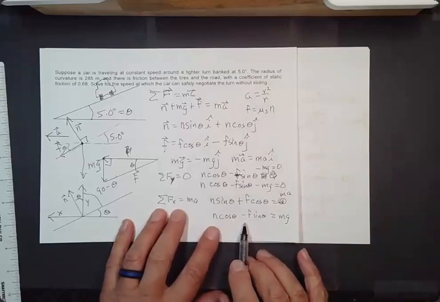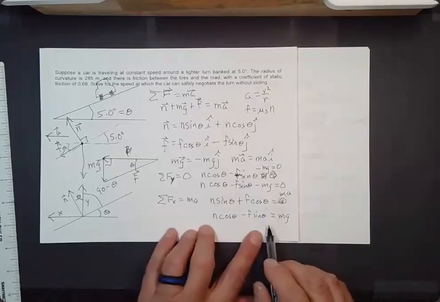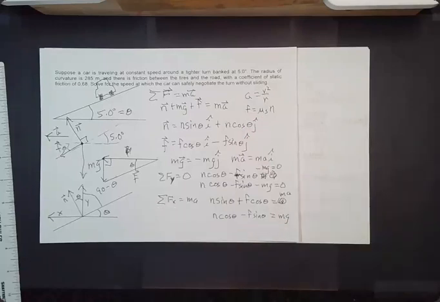Well, actually, theta is just a number. We know what it happens to be. If I add these two equations together, well, I'd still have two unknowns in each one.